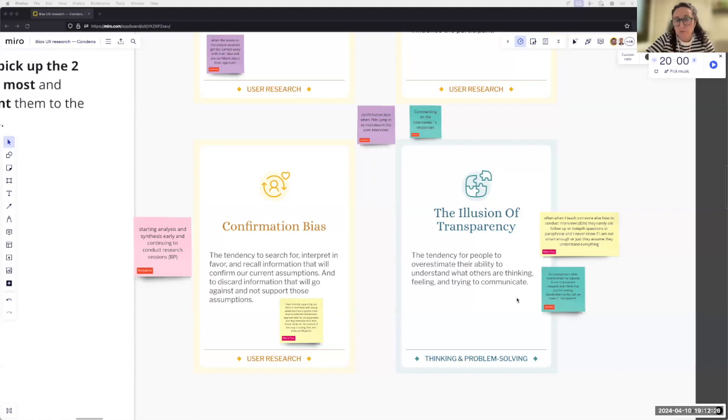Yes. Hi, everyone. So illusion of transparency, this was new to me because I haven't heard about this one before. And I realized when working on this example that I thought about it from a slightly different angle, as the illusion of transparency as a researcher, because I sometimes believe that I can be transparent with everyone, sharing the insights, inviting them into my process.